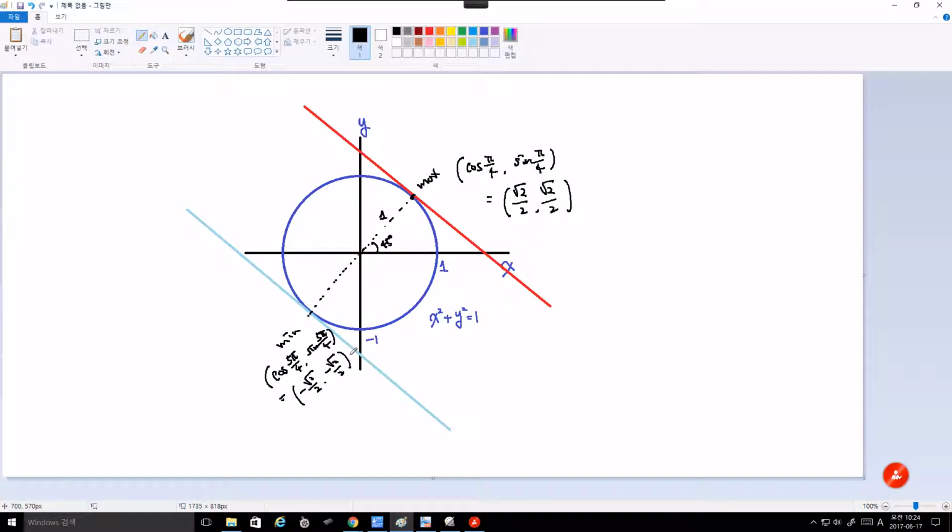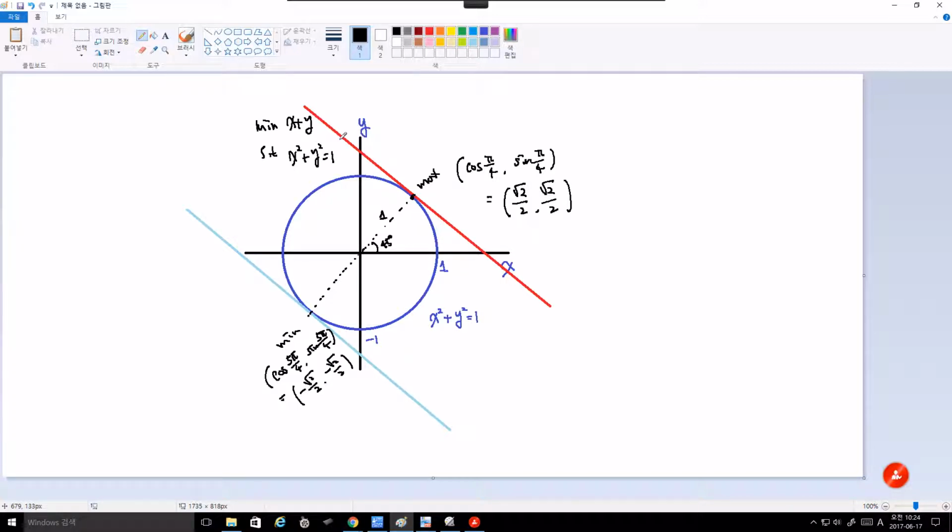We know this one. And then let's take a look at whether, so basically we are looking for the min. The problem is basically the min of x plus y subject to x squared plus y squared equals 1.